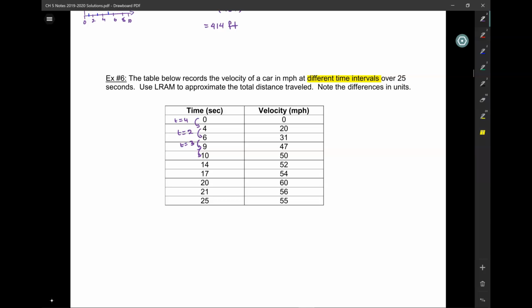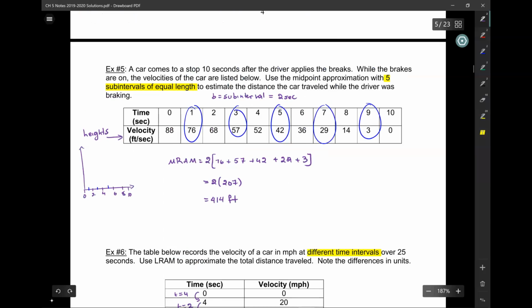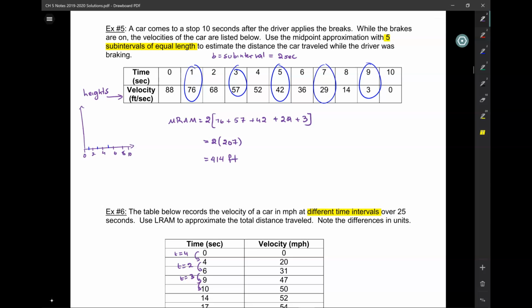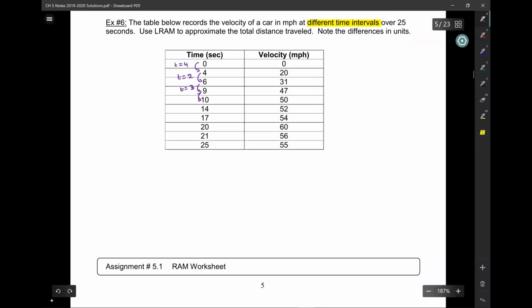If you like to be a rebel and live on the dangerous side, that's fine. So the only thing you can't do is pull out the base because it's not constant. So for each one you have to do base times height, base times height, base times height. So you have to calculate all of the different bases. But time is in seconds and velocity is in miles per hour. Yes, and we're going to take care of that right now.